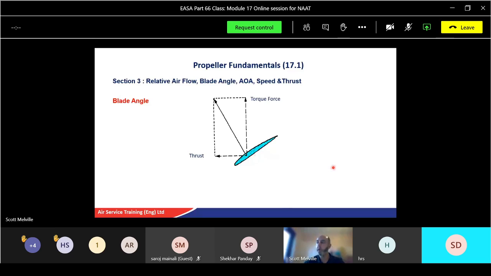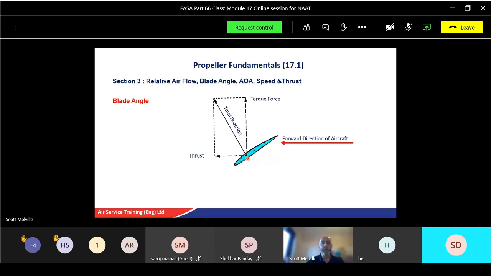The torque force is due to the spinning of the propeller along the axis of the engine. And between the two, you get your resultant force, which is your total reaction, the point where it is actually going through. And you have your pressure point right below there as well. All depending on the angle of attack, all depending on how fast that engine is rotating.